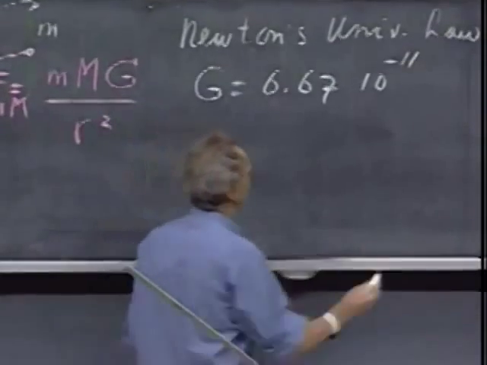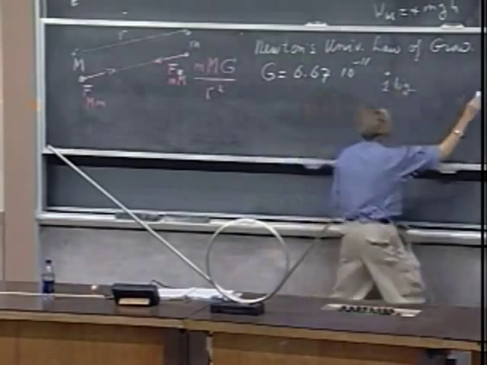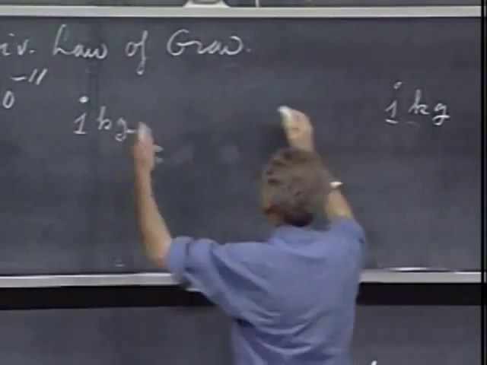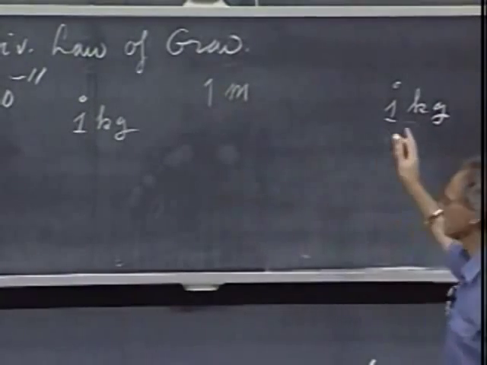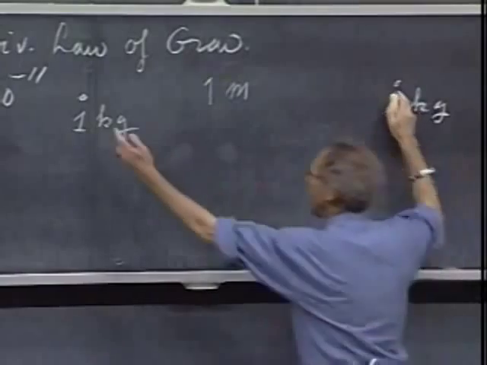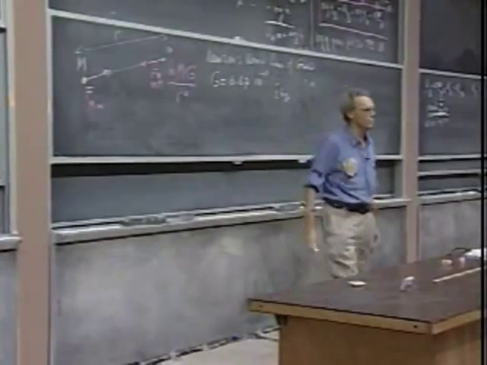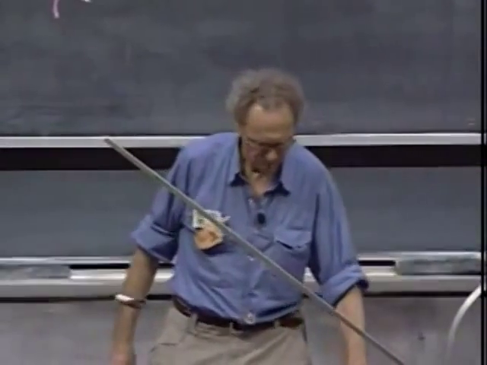It means that if I have two objects which are each 1 kilogram, which are about 1 meter apart, which I have now here, about 1 meter, that the force with which they attract each other is only 6.67 times 10 to the minus 11 newtons. That is an extremely small force.